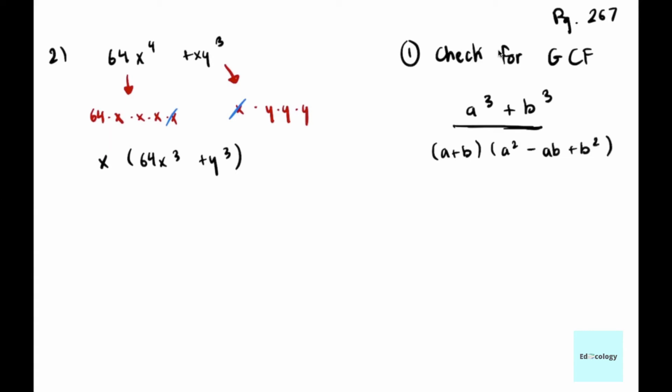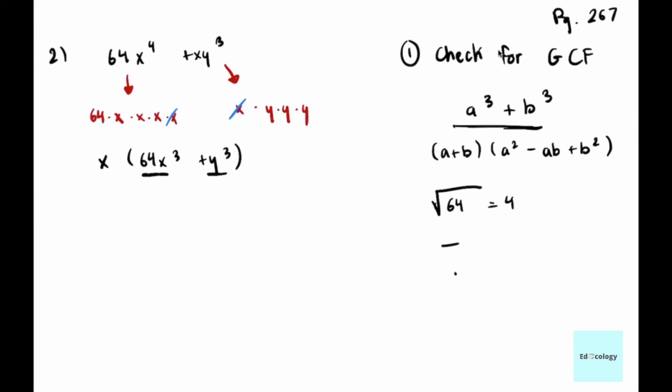Now we will have to, in this case, find the cubic root of these two terms. So we know that the cubic root of 64 is 4, and the cubic root of y cubed is just y.